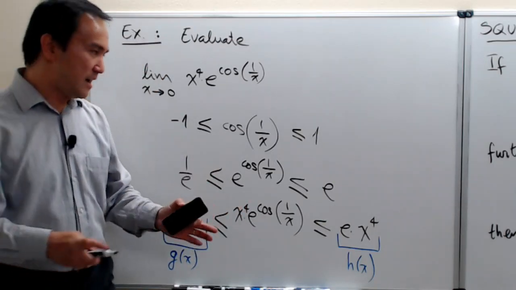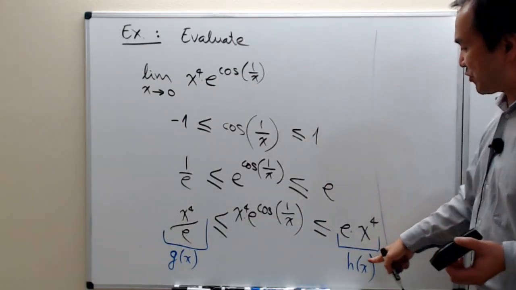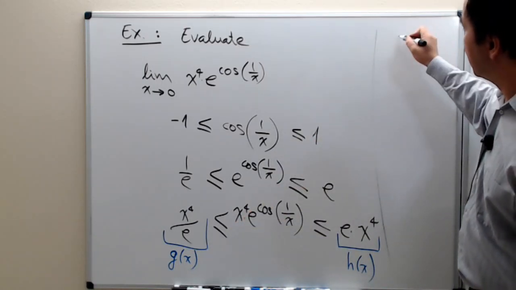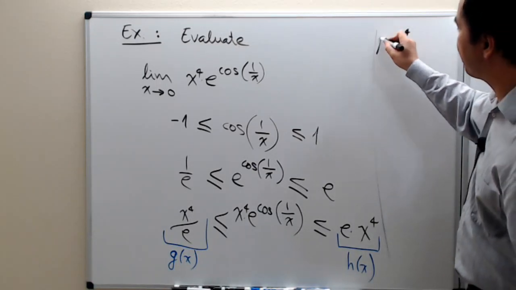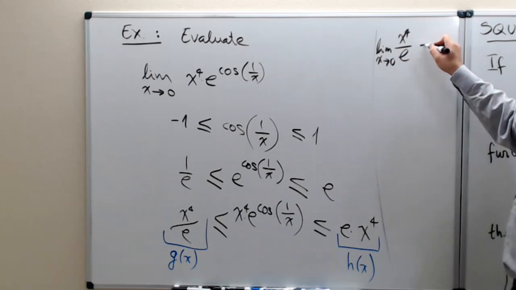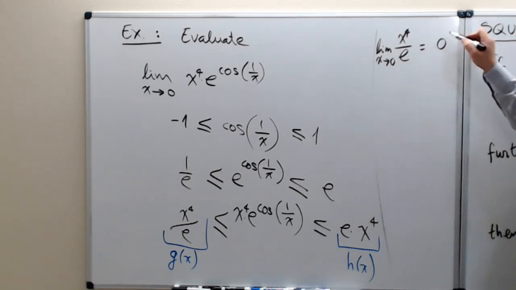When you're searching for your trapping functions, you must also make sure of the next step. So x to the fourth over e, your g function right here, when you take this limit as x goes to 0, it gives you 0, doesn't it?